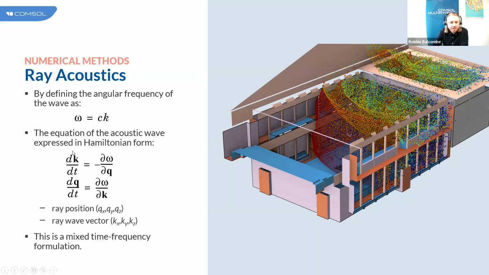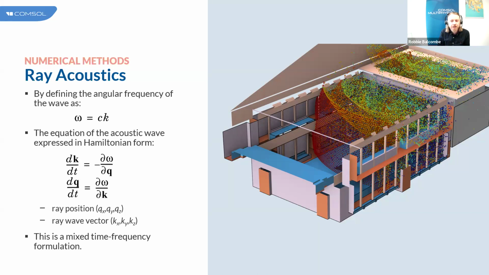So we have a set of partial differential equations that we solve for each of our rays, where we have a wave vector, or the direction our wave is traveling, and a position vector that we compute. We relate these to the rate of change of the angular frequency and the rate of change with respect to time.